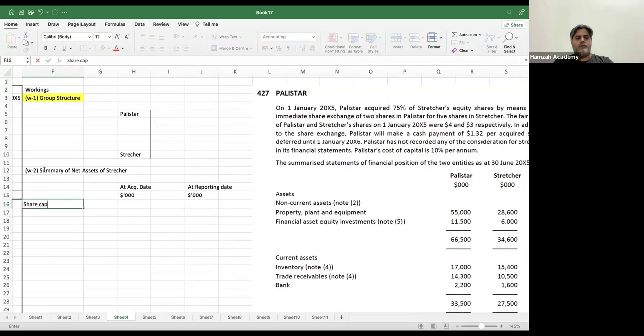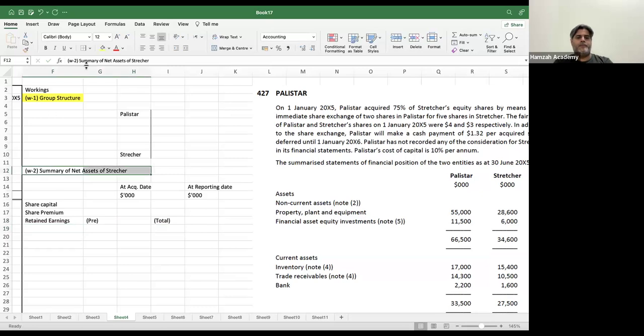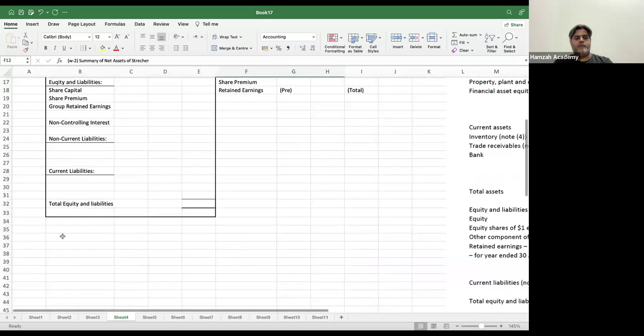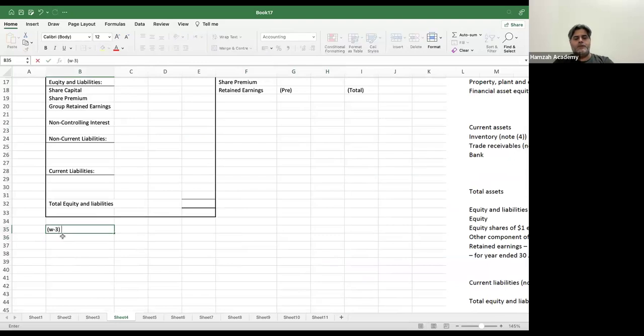So we have share capital, share premium, retained earnings, total. Then we have working three, group retained earnings. We have Plester and Stretcher.